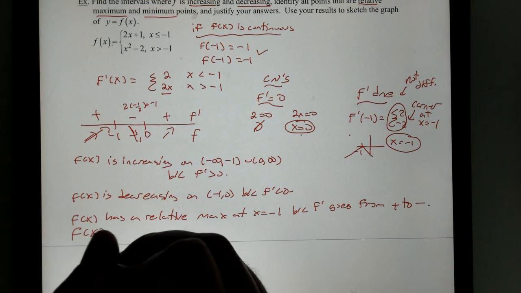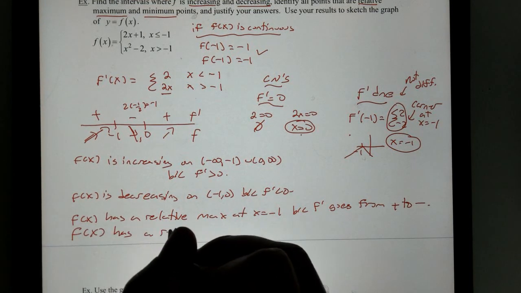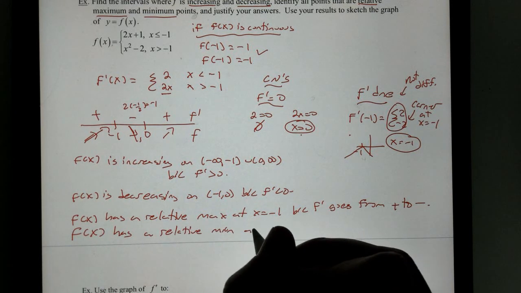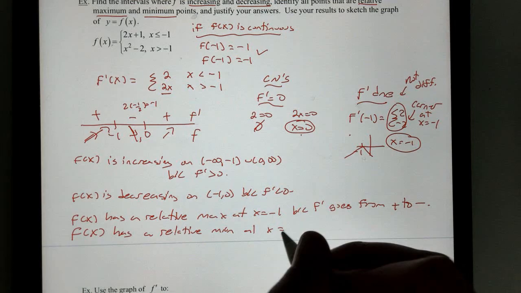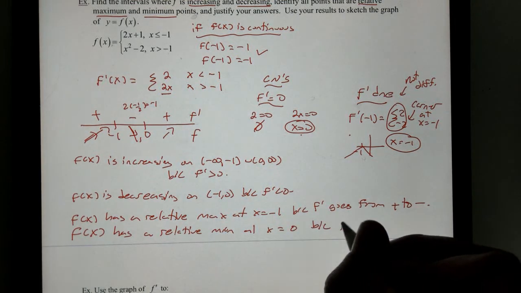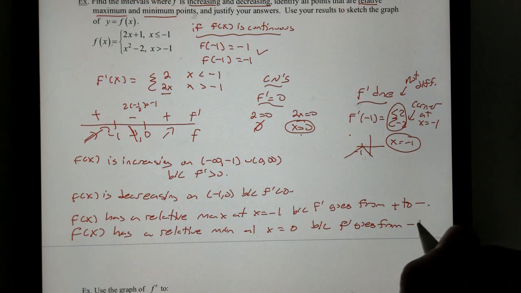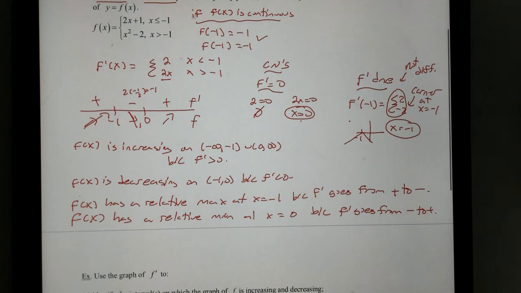And f of x has a relative minimum at x equals 0, and that is because the derivative goes from negative to positive. And there's our answer right there.